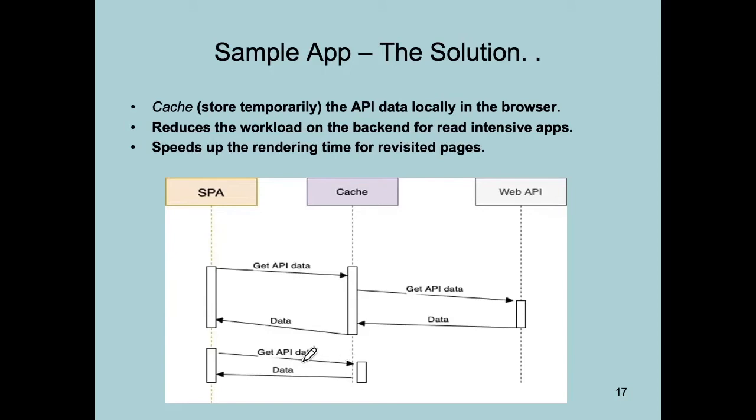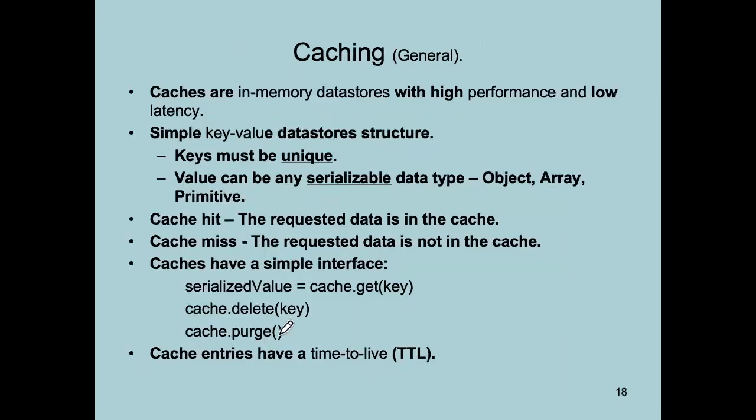Whereas here, when the client asks the cache for a particular piece of data, it realizes it does have that piece of data because it has the key in its key value store. Then a cache hit occurs. So that's just terminology: cache hit and cache miss.